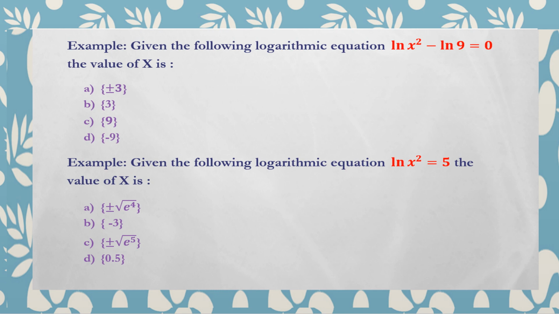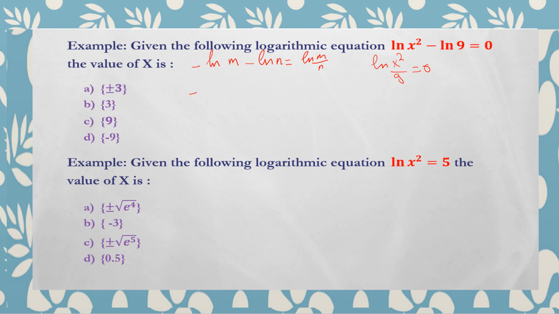Given the following logarithmic equation, ln x squared minus ln 9 equals 0. Again, recalling the property says that when we have ln m minus ln n, this means ln m over n. So for this equation, we can say that ln x squared over 9 equals 0.